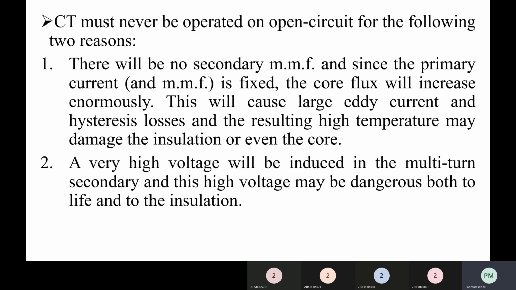Second, a very high voltage will be induced in the multi-turn secondary, which may be dangerous both to life and to the insulation. These are the two reasons that a CT should never be operated on open circuit.